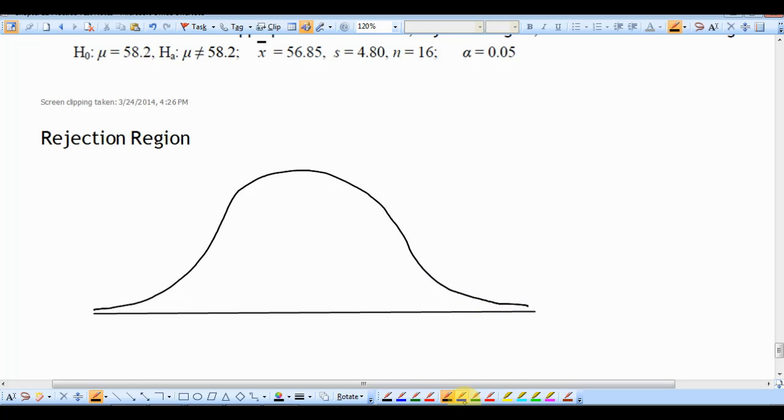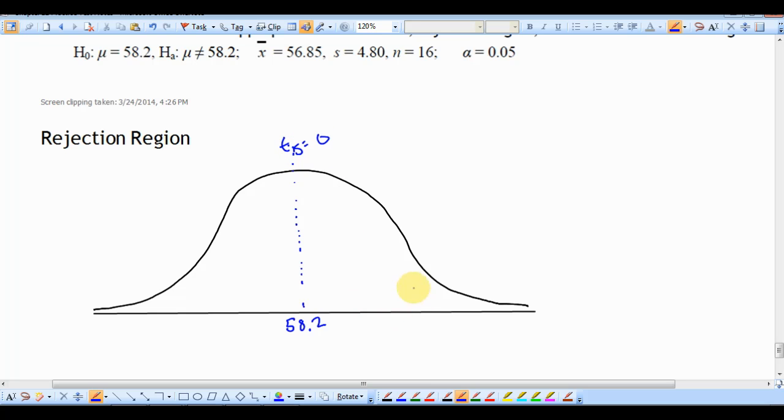Our mean here in the middle is 58.2 with a t-score, t sub 15, equals 0.